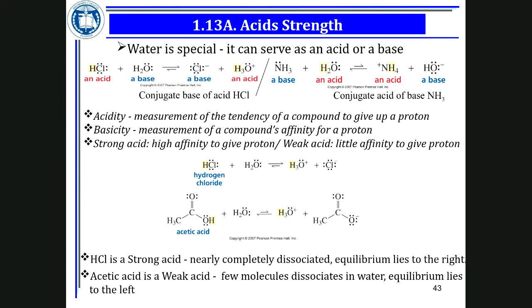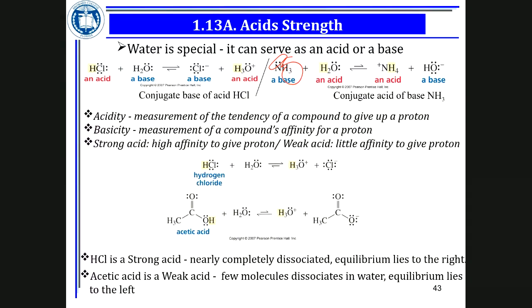And water has amphoteric property. It can act as an acid. It can act as a base. Same thing for ammonia. Ammonia can accept hydrogen, or H plus, because it has a pair of unshared electrons. It has hydrogens, so it can donate, but it is a weak base.